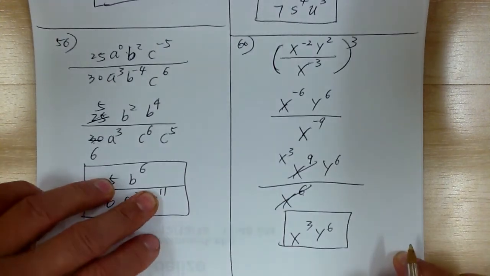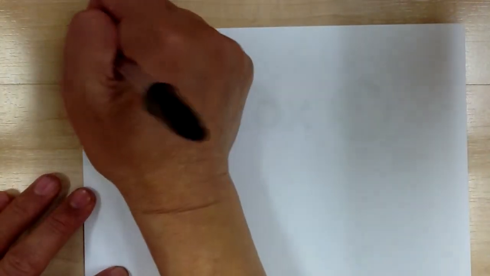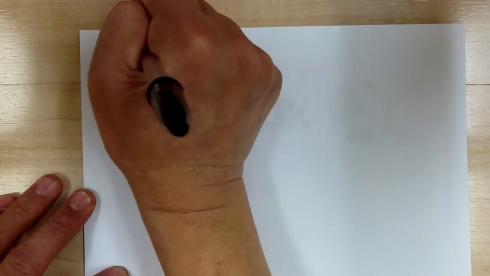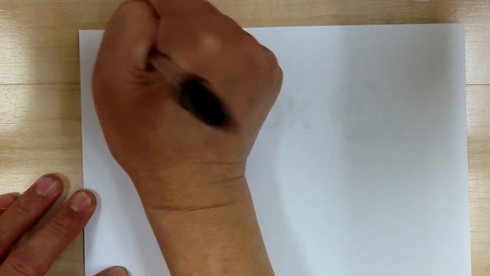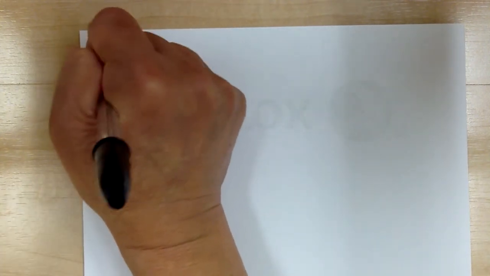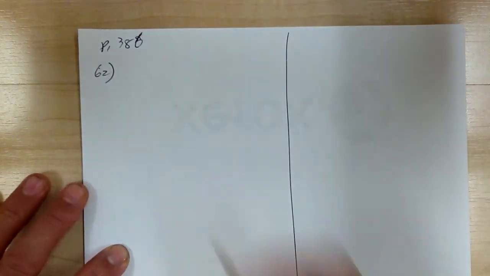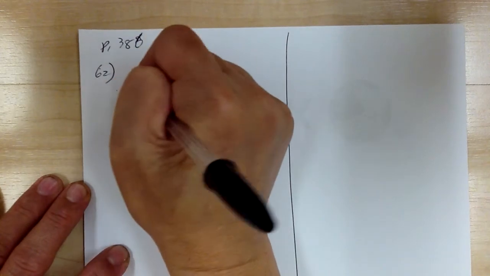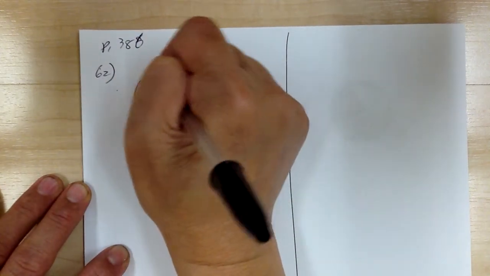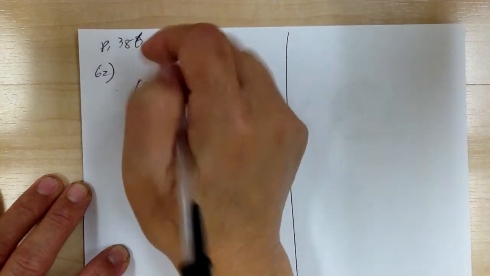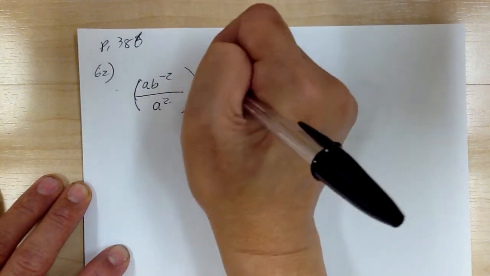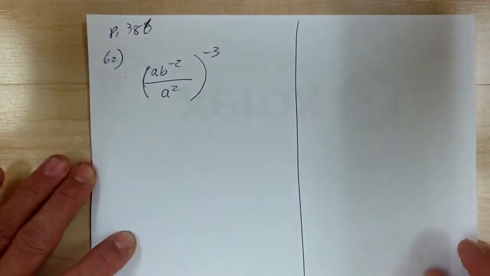Okay? Let's go to number 62. And you have AB negative 2 over a squared to the negative 3 power.